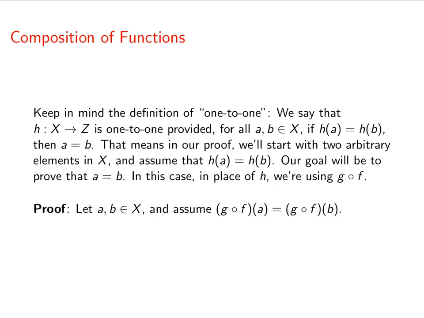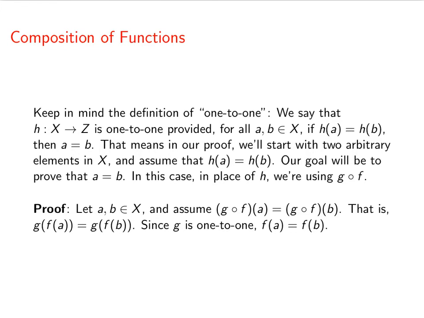All right, so here's our proof. Let a and b be elements of x, and we're going to assume that g circle f of a is equal to g circle f of b. Our goal now is to prove that a equals b. So g circle f of a equals g circle f of b means g of f of a equals g of f of b.